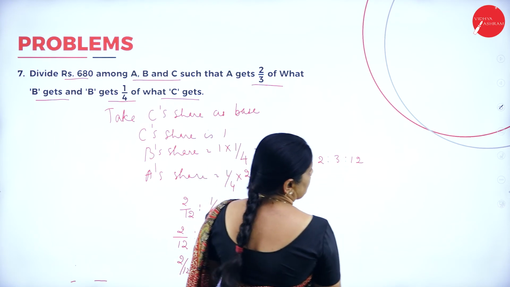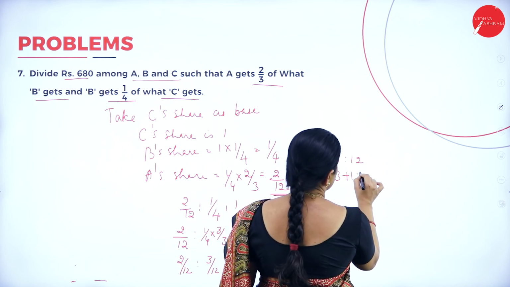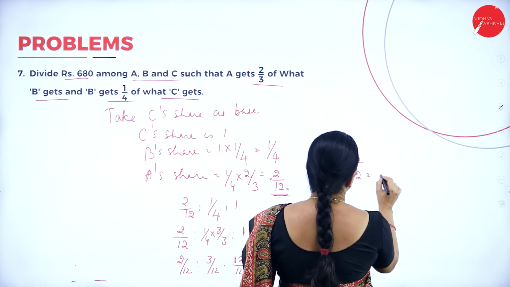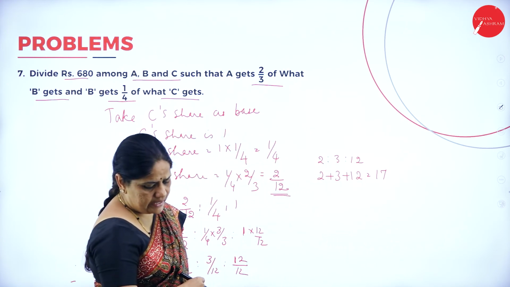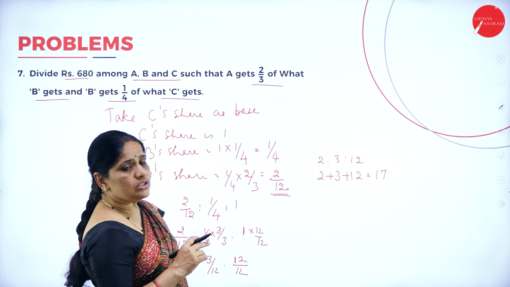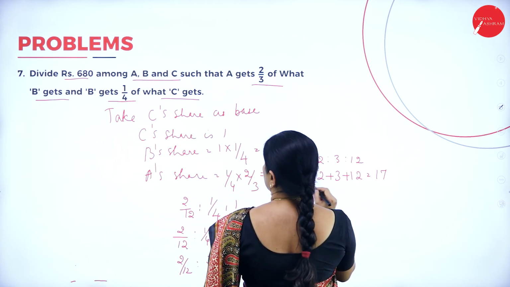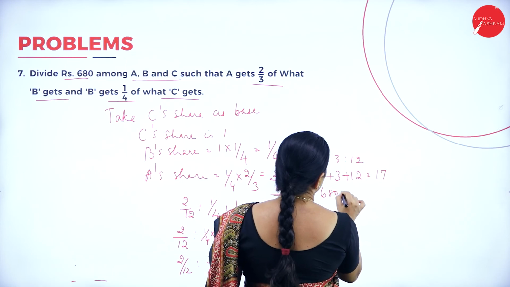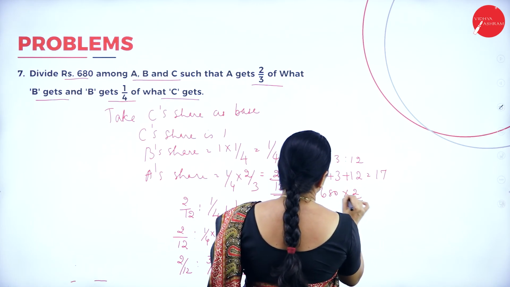So, I add 2 plus 3 plus 12, that will be equal to 17. So, 2 is to 3 is to 12 equals 17. So, I get 680 into 2 by 17.